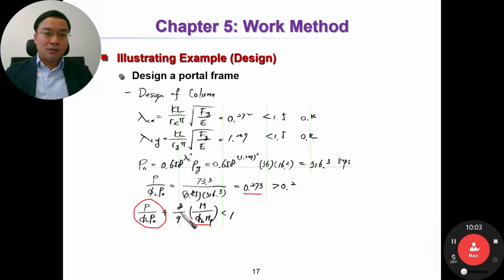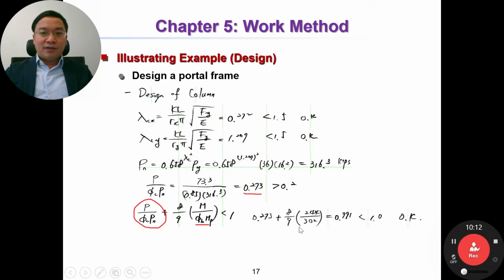Then we can check M. From this one, we have M equal to this one also already, and the value of phi b Mp equal to this one from the previous step. And finally, this ratio equal to 0.991 and is smaller than 1.